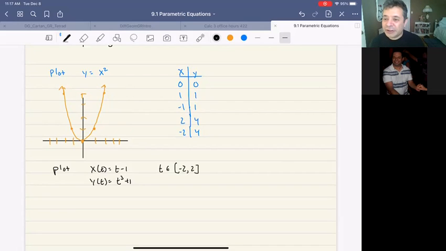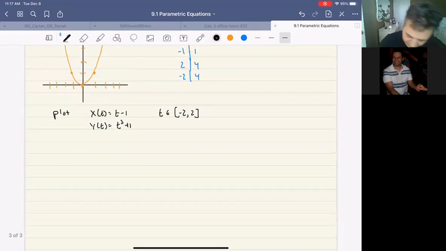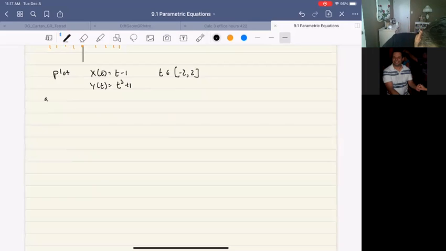Now there's actually going to be two ways to do this. I'm going to show you both ways. First, directly. Directly, we're just going to do the exact same thing, just now we have a t involved.